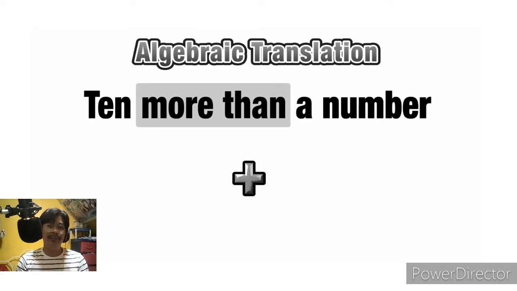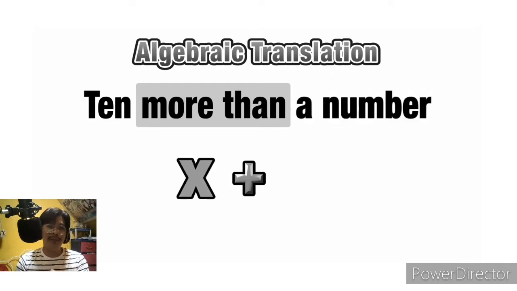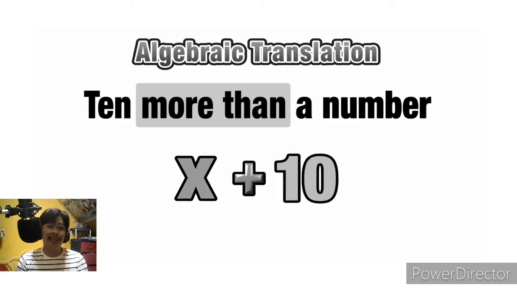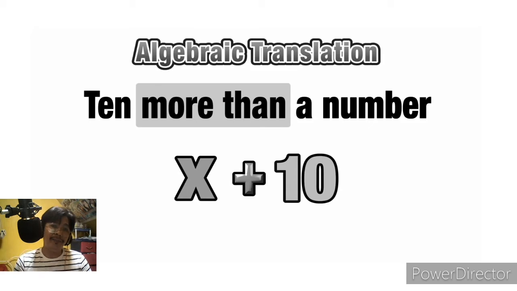So more than means also addition. So then we can also say that 10 more than a number is also the same as x plus 10. Which is a number more than 10 or 10 more than a number.